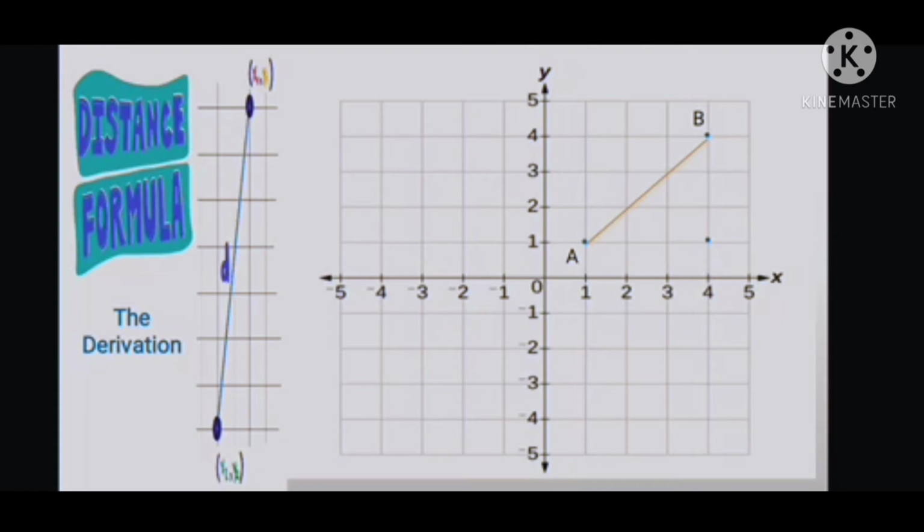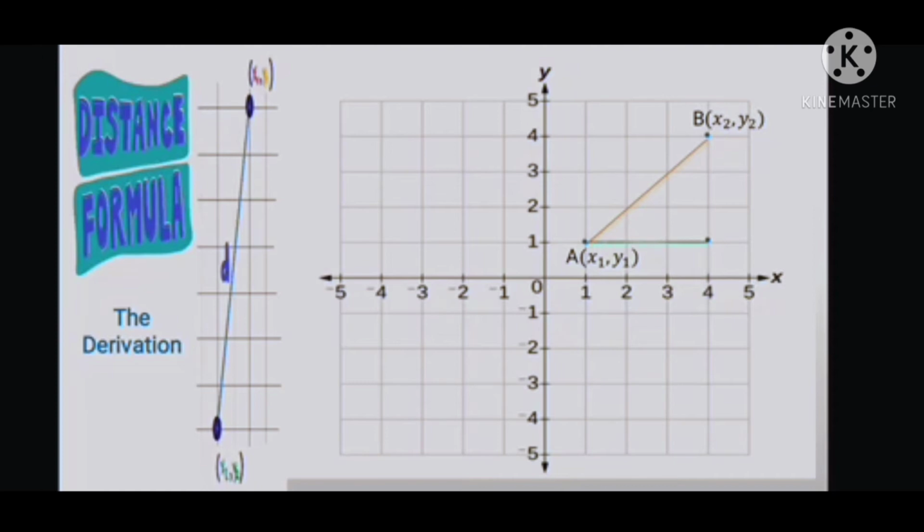first thing to do is we're going to denote our point A with the coordinates x sub 1 and y sub 1, then point B with the coordinates x sub 2 and y sub 2. The next step, we're going to draw a horizontal line and a vertical line so that point A and point B will intersect and form a perpendicular line.